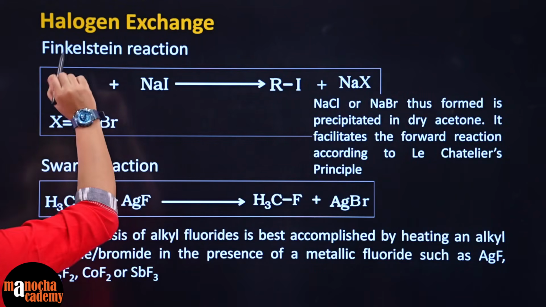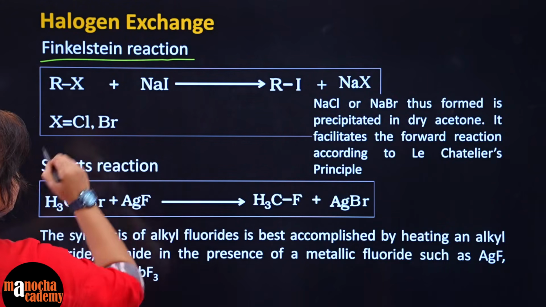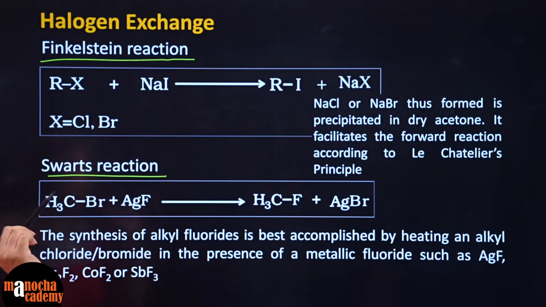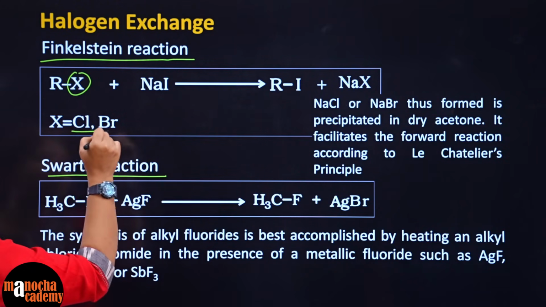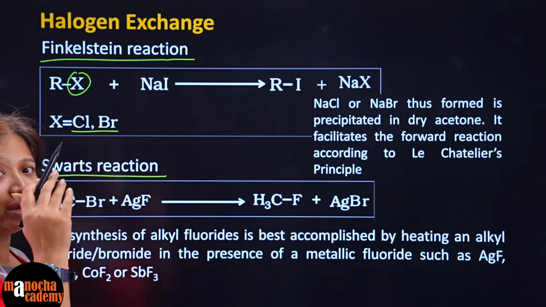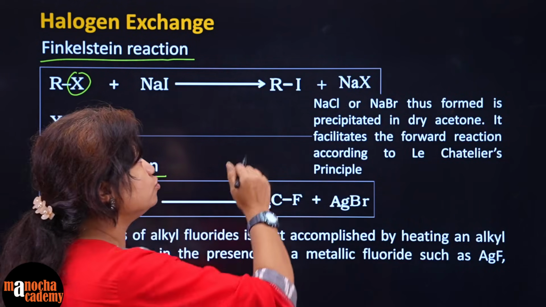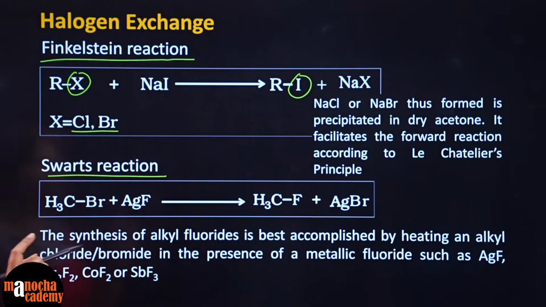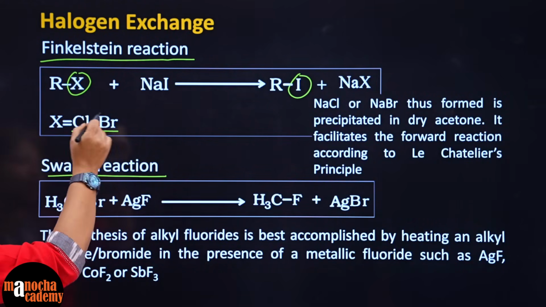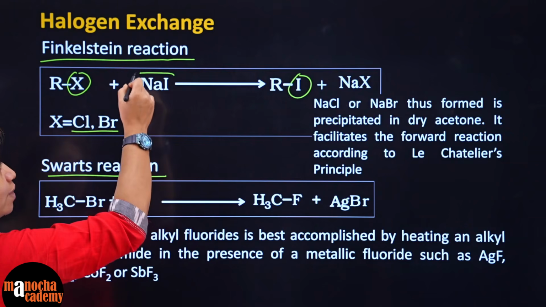Next, it's a very popular reaction, the Finkelstein reaction, as well as the Swarts reaction. Why popular? You take any alkyl chloride or bromide, and you want to convert the chloride or bromide to iodide. What you use is the Finkelstein reaction. You take the alkyl chloride or bromide and add sodium iodide.